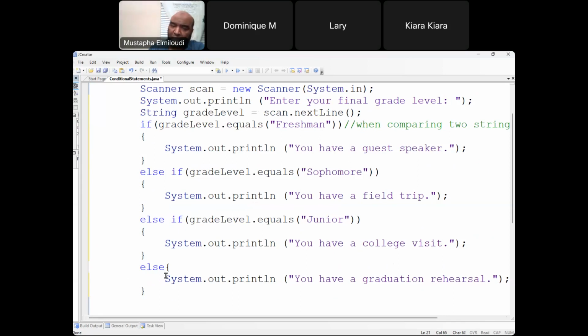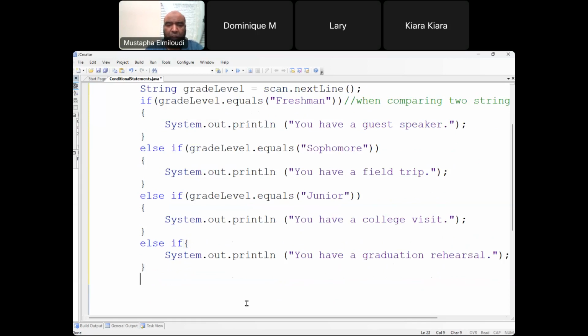So you can use else just for data validation. That means if they enter something unexpected, something that doesn't make sense, then you need to have something in the program that responds to that, right? Let's say I'm gonna add else if here, just to show you. So this is for seniors. Now, what about if the user enters something unexpected? I want to deal with it.